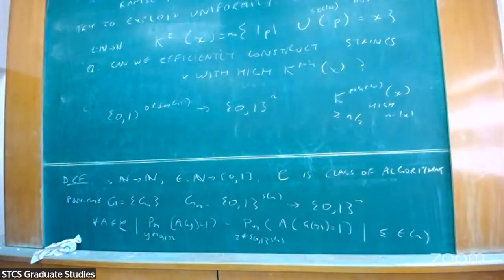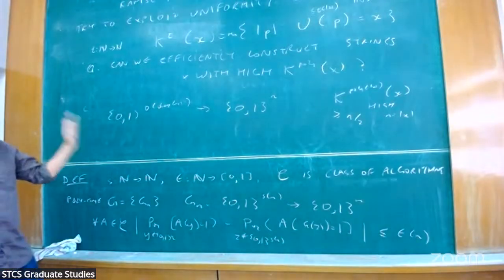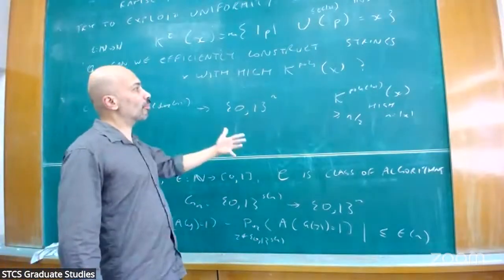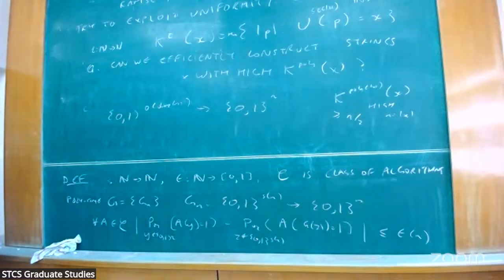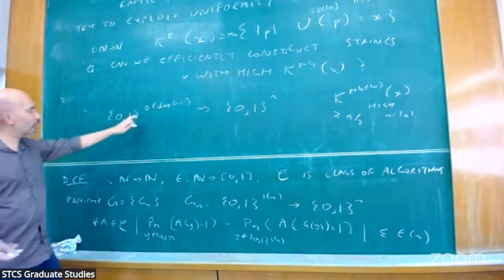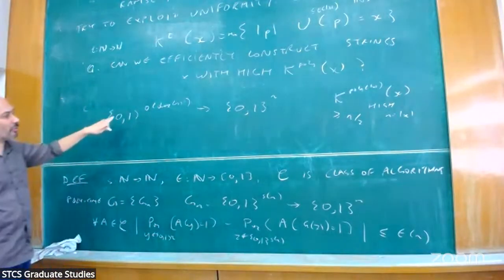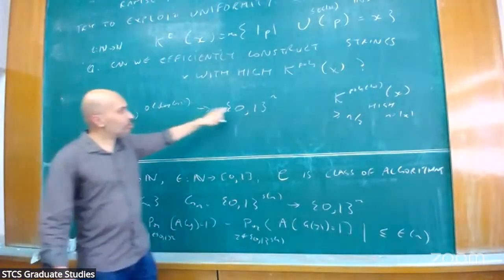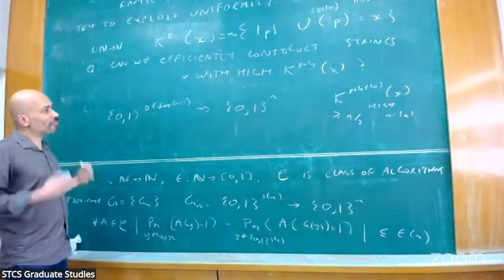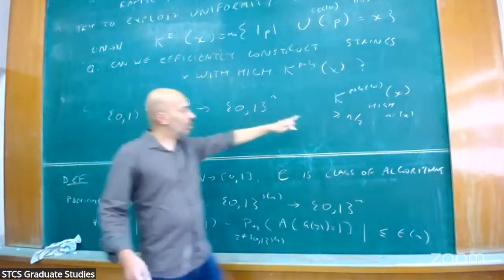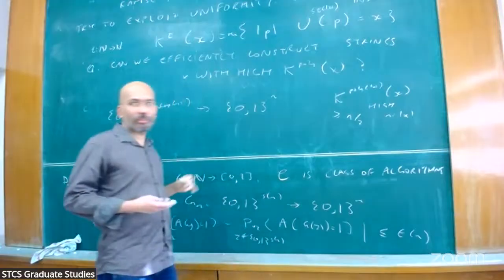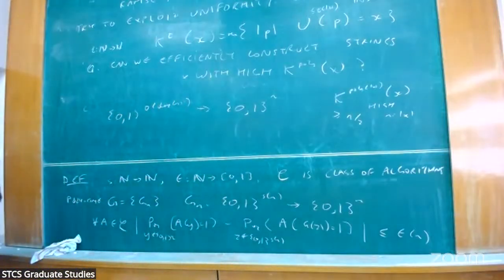So for all small programs, you run for a fixed polynomial amount of time and it doesn't compute that string. That's a co-NP check. So we can again use a generator against nondeterministic computations. The Nisan-Wigderson-type generator, which maps O(log n) bits to n bits, most strings in its range are going to have high K-poly complexity, right?